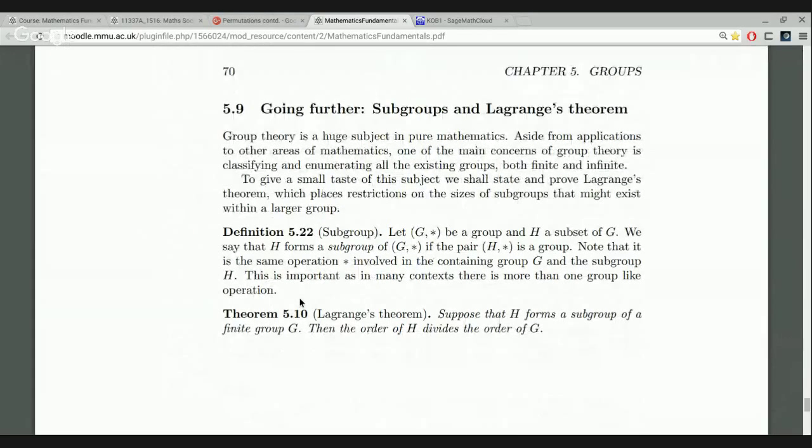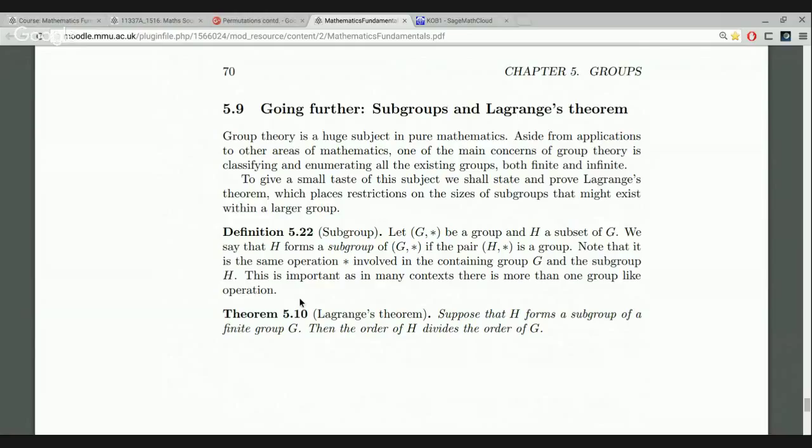Now this section, going further here, is a look ahead at an important result. It's an important early result in group theory. If you end up doing the third year group theory course, taught by myself, that's a full introductory course on group theory where we really get to grips with studying the mathematical structure of groups.